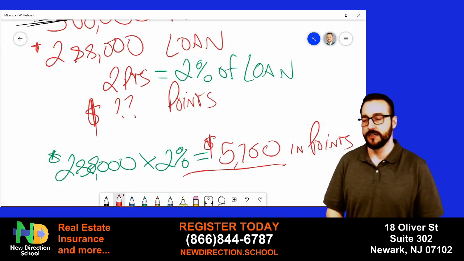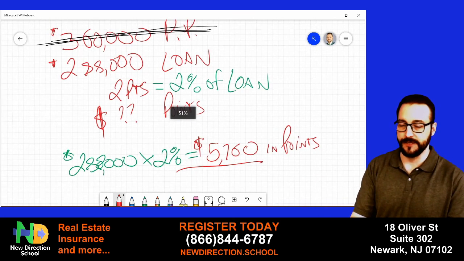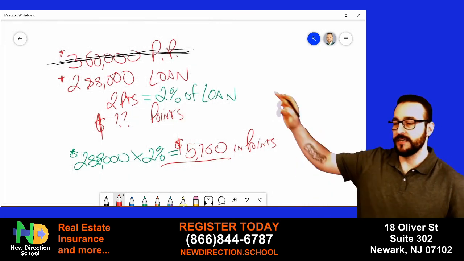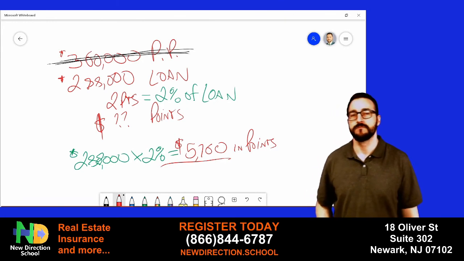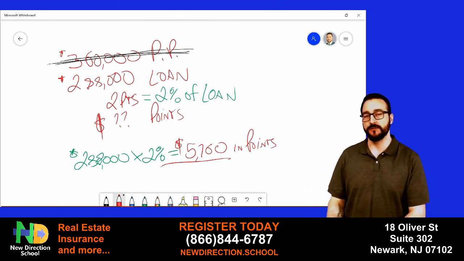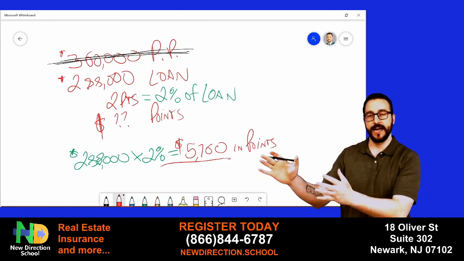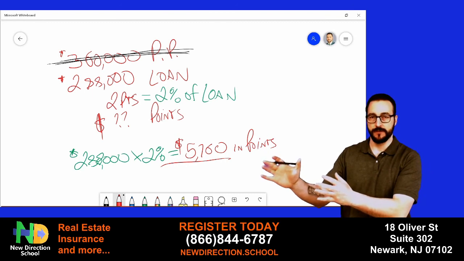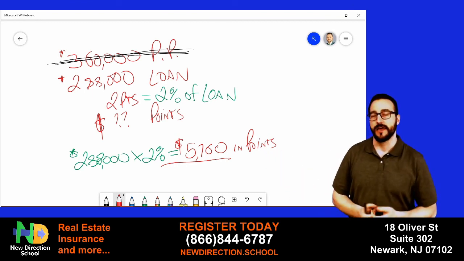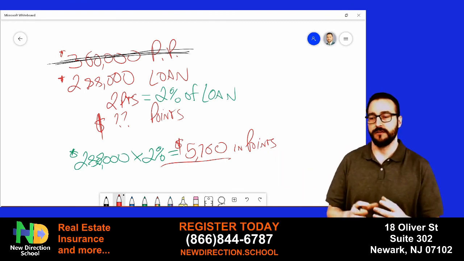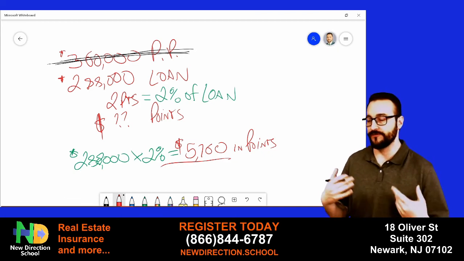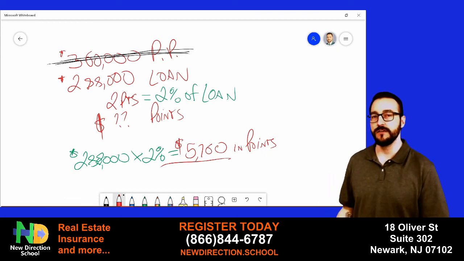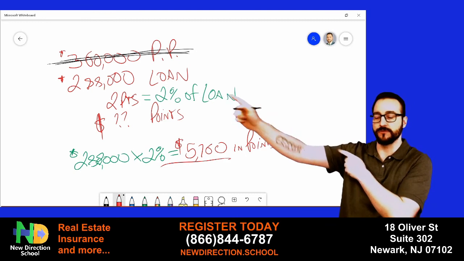You guys understand? So what you need to know is simply, do we need the purchase price? If we already have the loan amount, sometimes they don't give you, but if we already have the loan amount, then we don't need the purchase price. If they told you the down payment, or if they told you the LTV, then you need to come up with the loan amount.